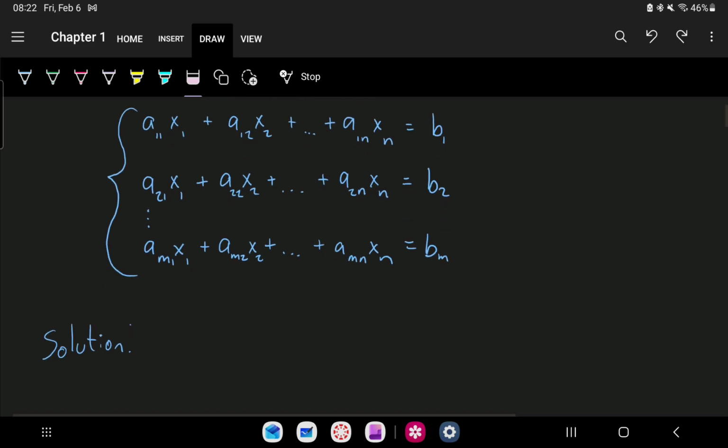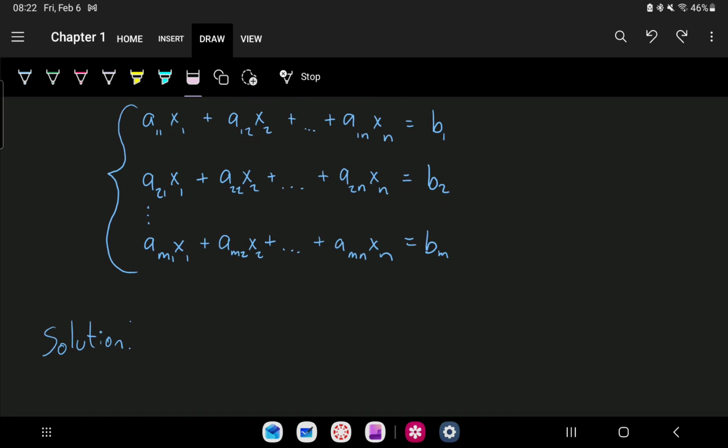Basically, the solution set is going to be something so that x1 is some number a, x2 is some number b, and however many x's we have up until xn, which is also going to be some number, let's just call it z, for the end of the alphabet.